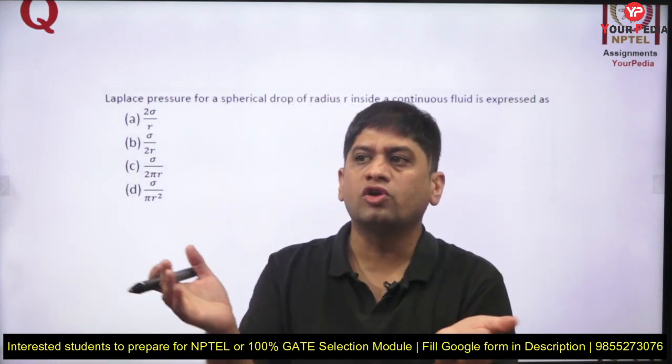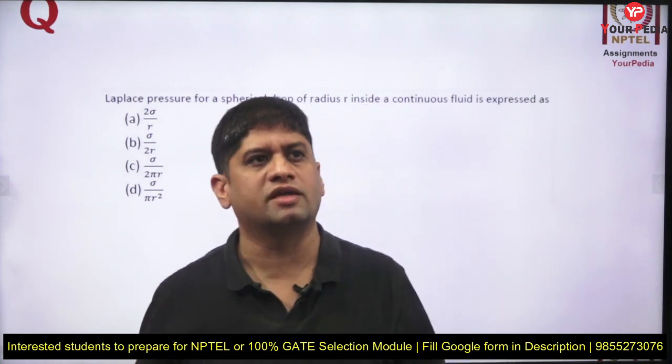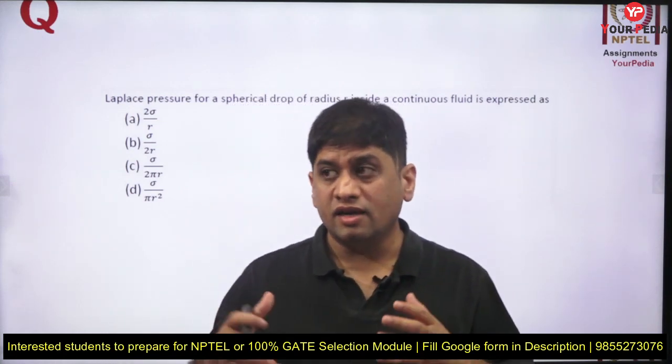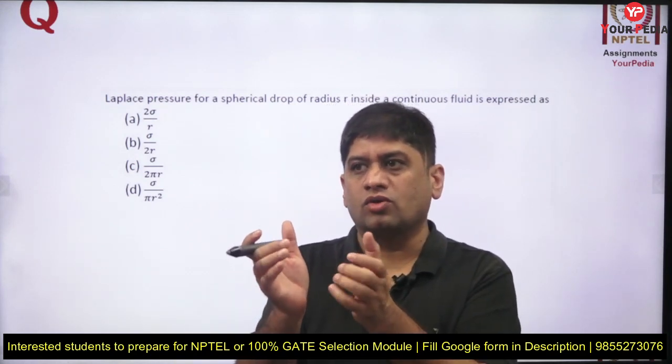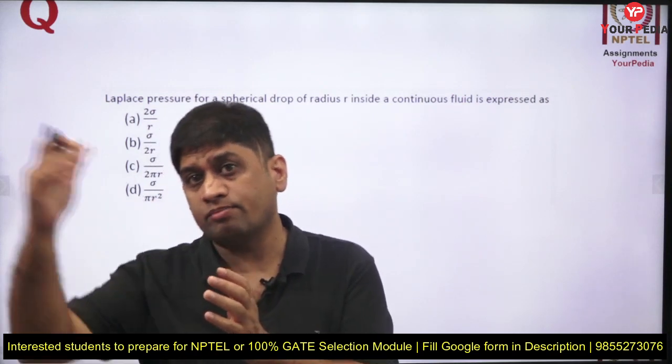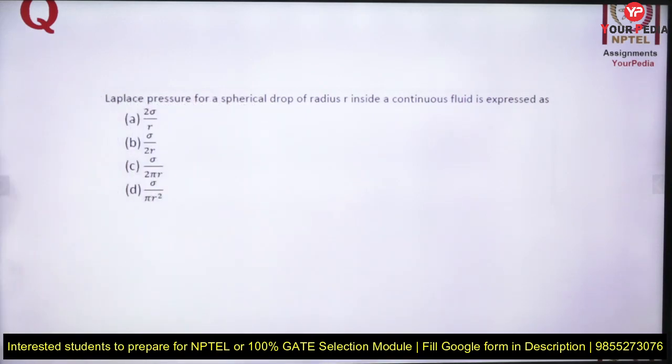Then obviously internal pressure will increase. The pressure inside that region will be more than the pressure outside, and that difference of pressure is Laplace pressure. Laplace pressure is the term used for that.